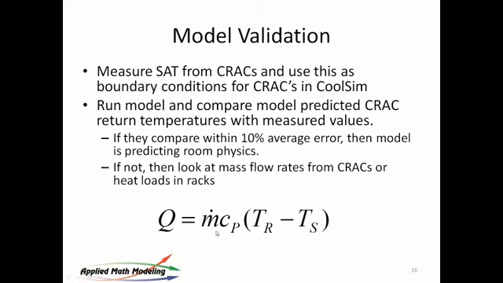The mass flow rate is being defined by the crack units themselves. The heat load is the IT equipment, so that's fixed. And the density of air is going to be the same. So the only thing that can be wrong is if the return temps don't match, then your mass flow rates are off.